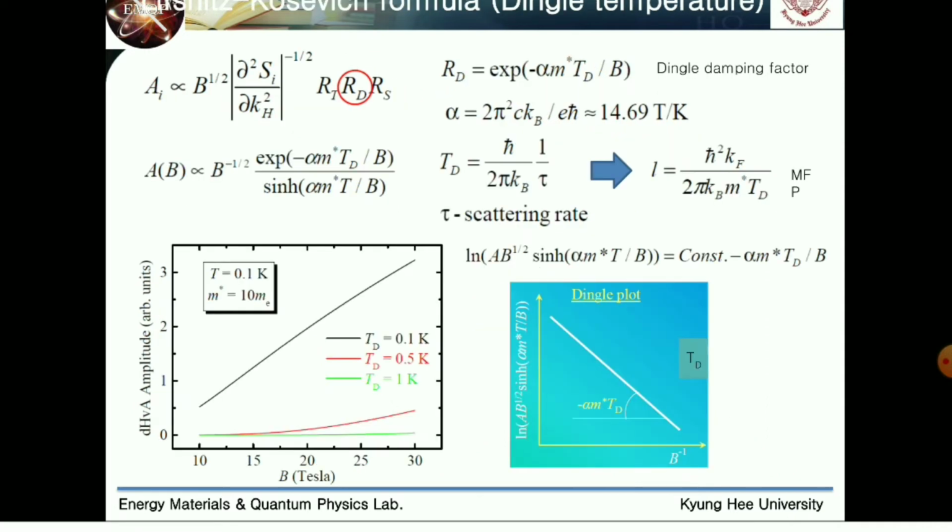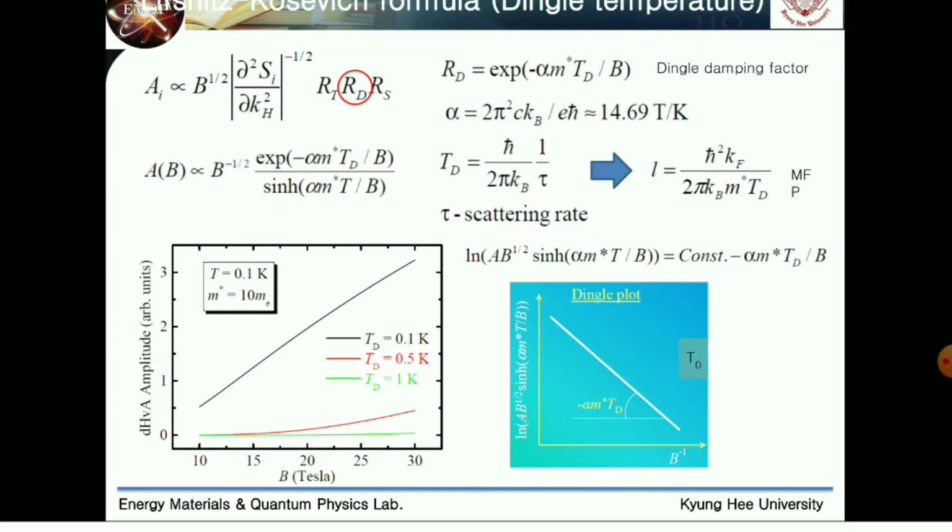The second one is the Dingle temperature. The Dingle damping factor can be written as exponential of minus alpha m star T_D over B. Here T_D is the Dingle temperature, alpha is a constant, and m star is calculated from the temperature dependent RT factor.